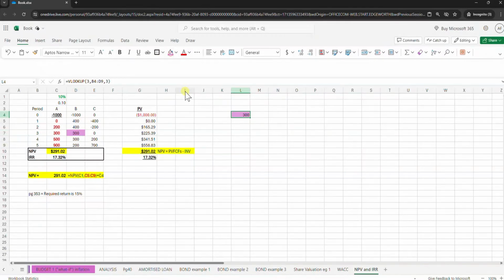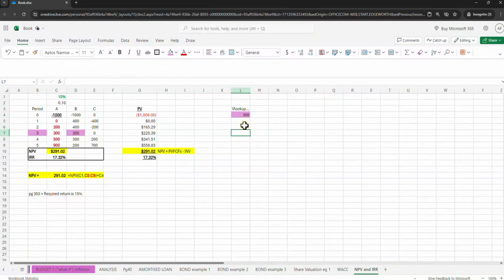Yes. So with VLOOKUP, all it does is bring you a corresponding value in a specific column that links to what you're observing. So I'm observing period 3, and I wanted 300. Does it make sense? Yes.